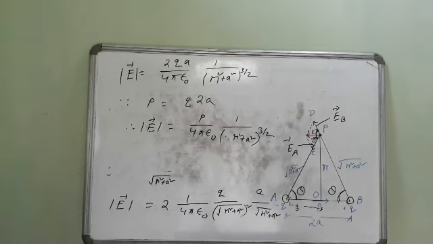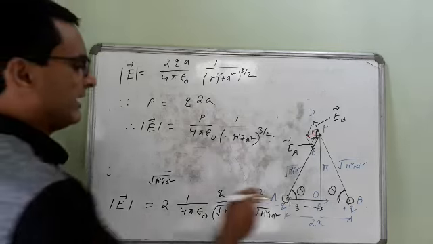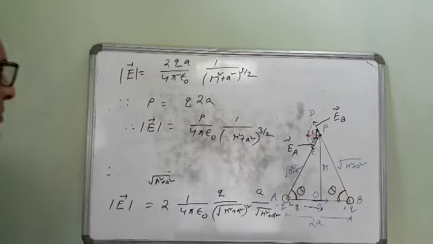So this is the magnitude of the electric field at P due to the dipole AB.